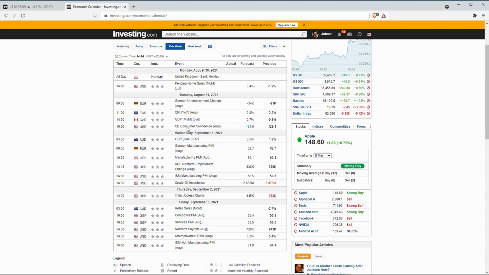Then we have the important bits start kicking in from Wednesday. So at 2:15 South African time, ADP non-farm employment change. This here directly ties in to the non-farm payrolls. Now guys, those of us who have been trading for a while, non-farm payrolls is where we make big moves on NAS, where we can actually kill pips all day long.